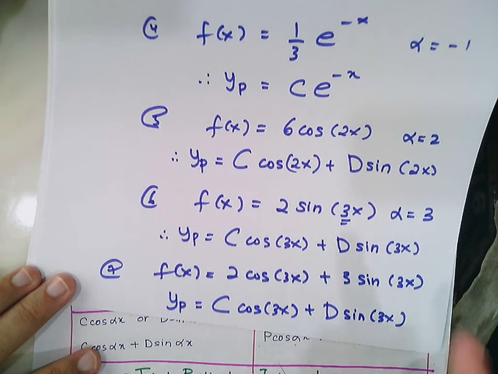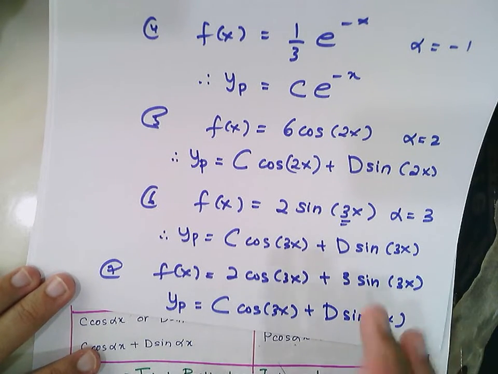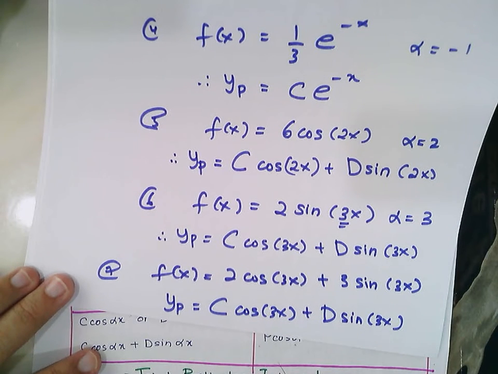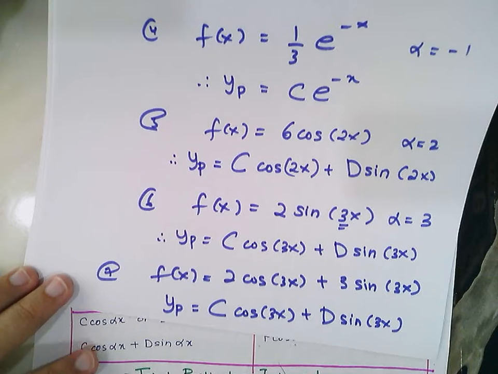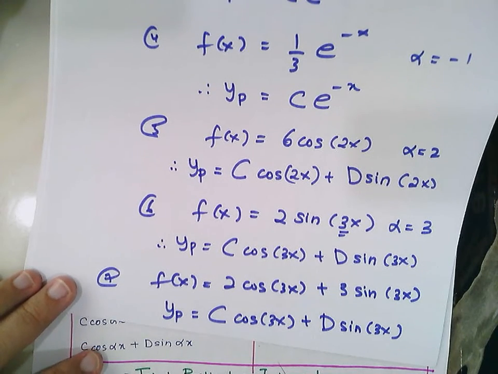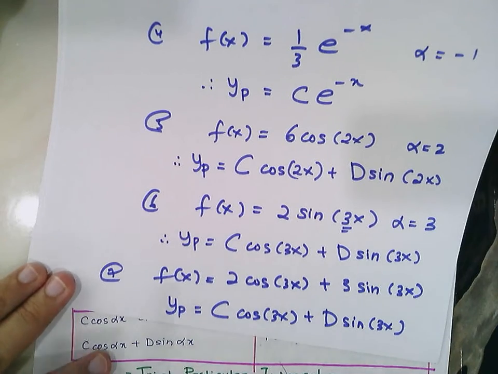You can still solve it by using UC, but that is for case 5, a linear combination of these two functions, which we don't discuss until that part. We only cover until this one, so you will have the same value for alpha. Your alpha is equal to 3.